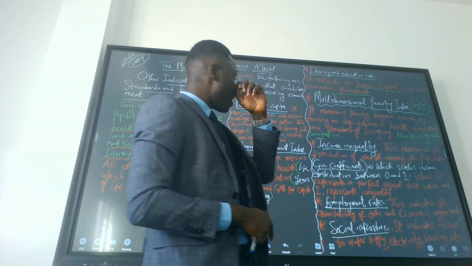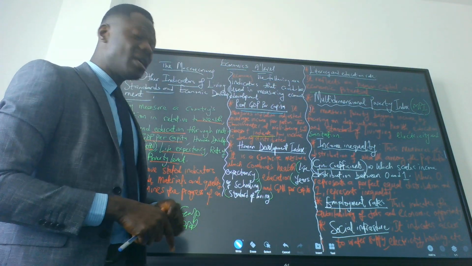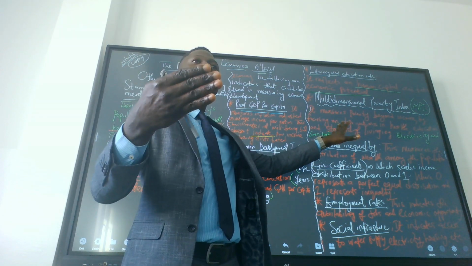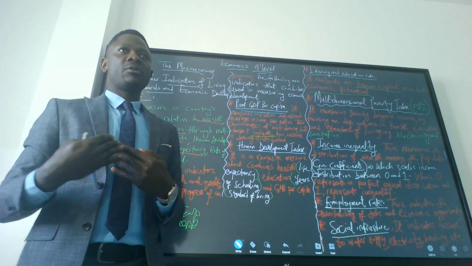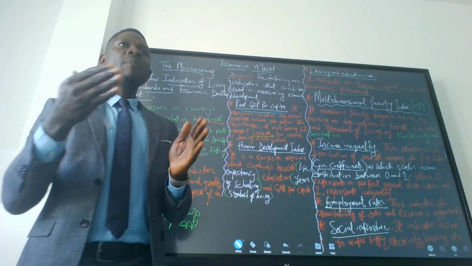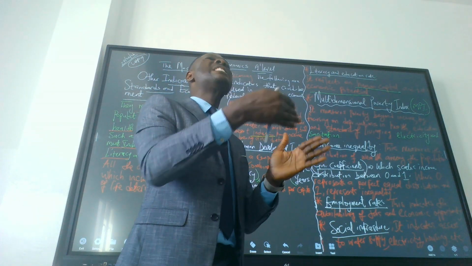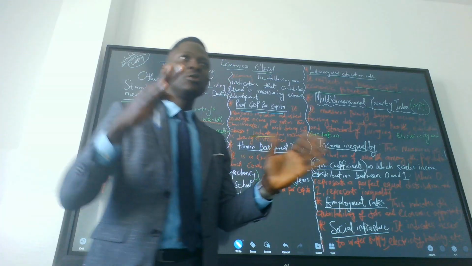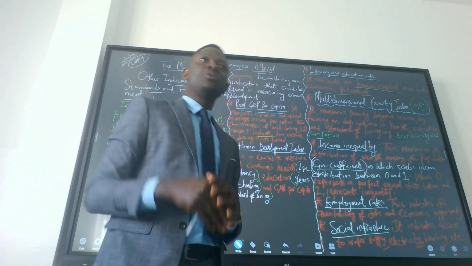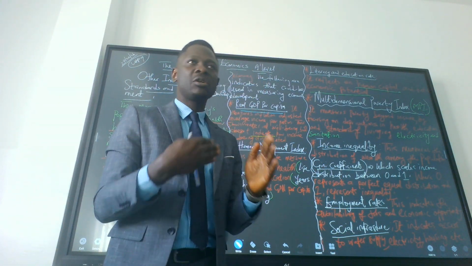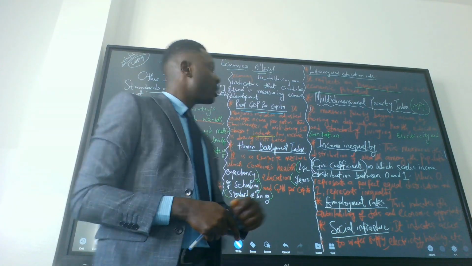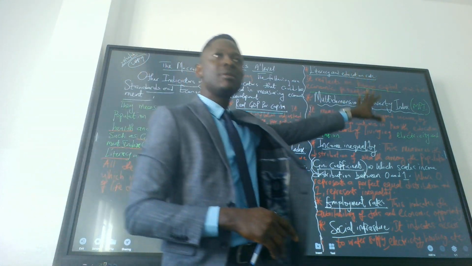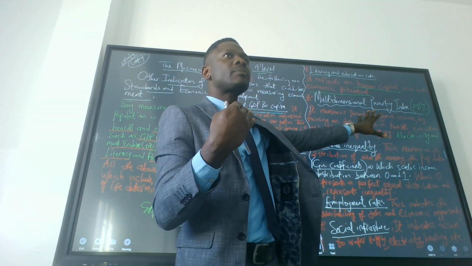Then we have the MPI, which is the multidimensional poverty index. Here, it doesn't talk about what we have, it talks about what we are being deprived of. You get it? It's assumed that this economy is supposed to produce these things, but the economy is unable to produce them. So deprivation is what it talks about. The multidimensional poverty index measures poverty beyond income.